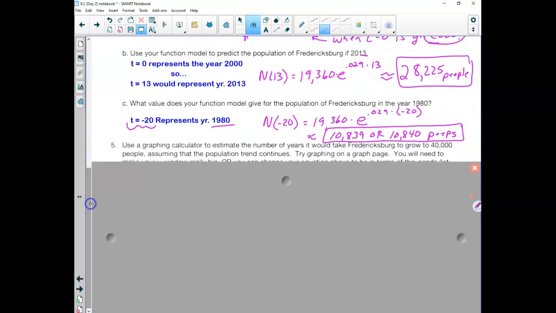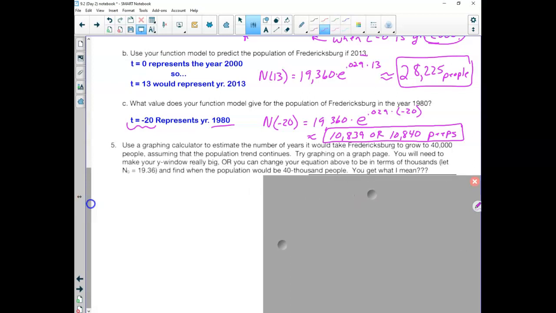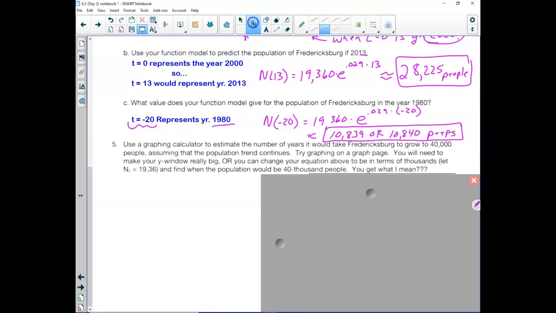Now, the last thing you're going to do is use a graphing calculator to estimate the number of years it would take Fredericksburg to grow to 40,000 people, assuming the population trend continues, okay? Rather than using such big numbers when I graphed it, I took this advice right here: you can change your equation above in terms of thousands.